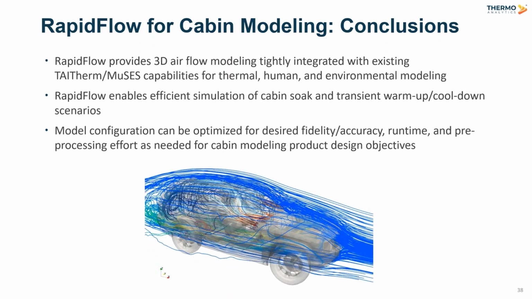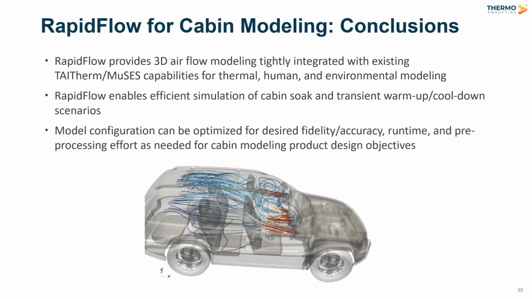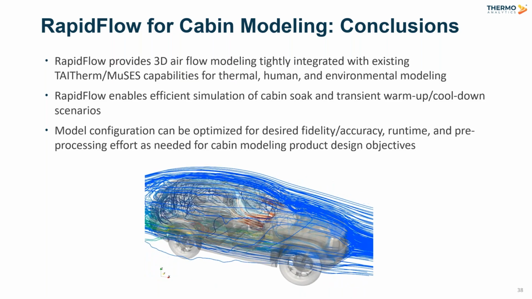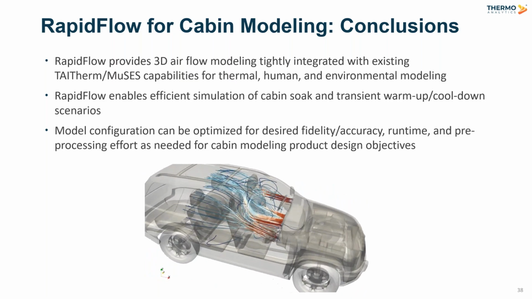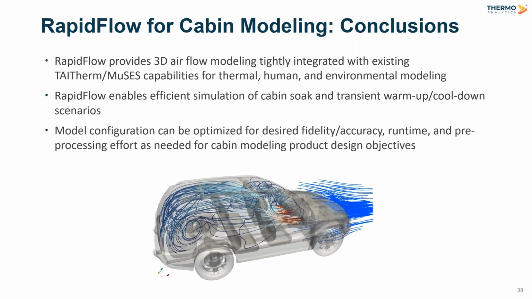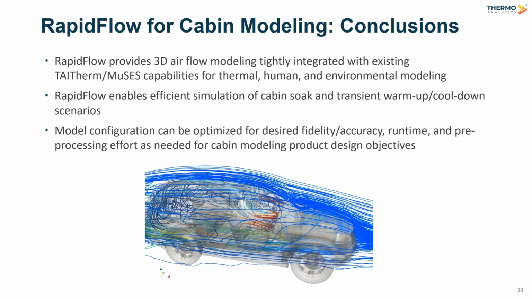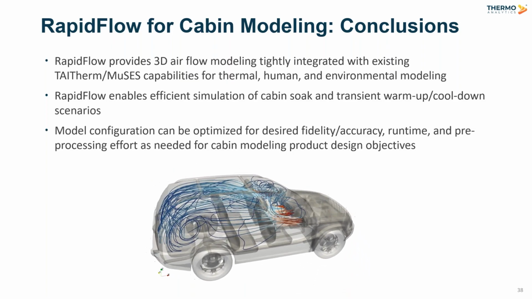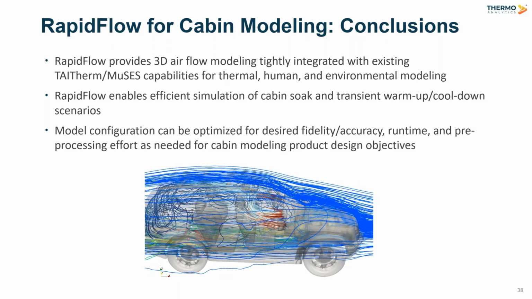Okay, thank you. Does RapidFlow create prism layers on the solid boundaries? It does not. One detail that we maybe hinted at but didn't go into detail is that the boundary modeling techniques are also simplified compared to conventional CFD.